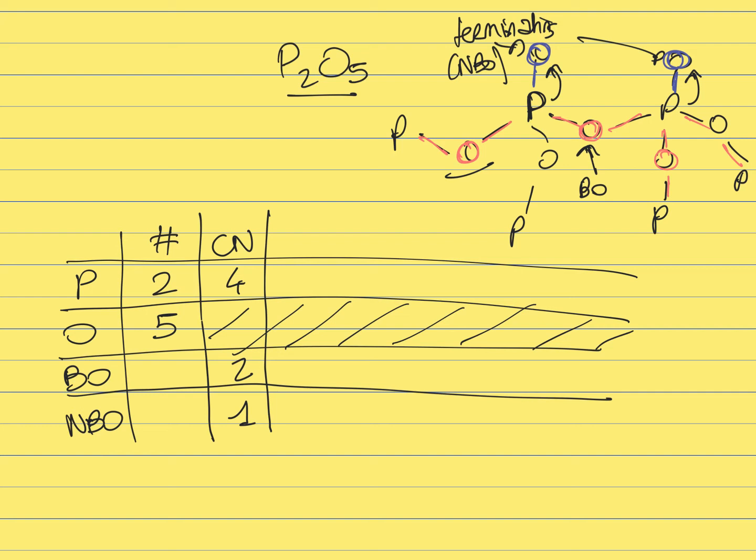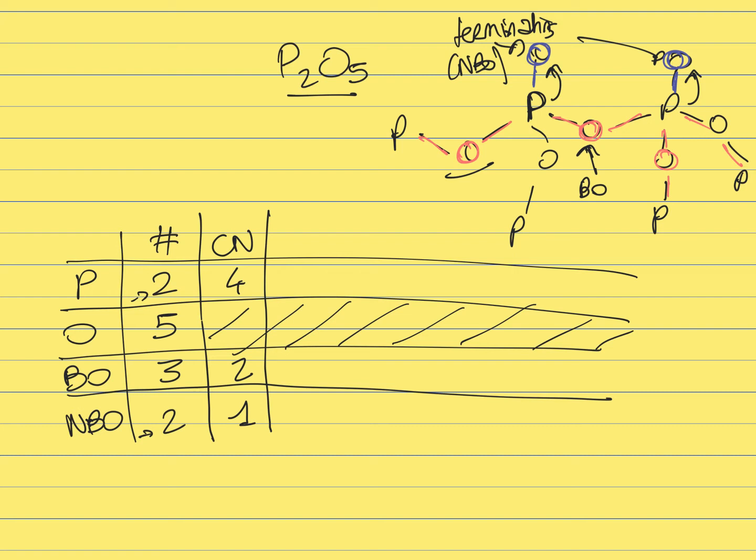So if you want to know the total number of non-bridging oxygen that you have, it's equal to the number of phosphorus in the glass. Every time you have 1 phosphorus, it's attached to 1 terminating oxygen, 1 NBO. So if you have 2 phosphorus, then you have 2 NBO, which means that in return, you will have 3 BO, so that the total is 5.